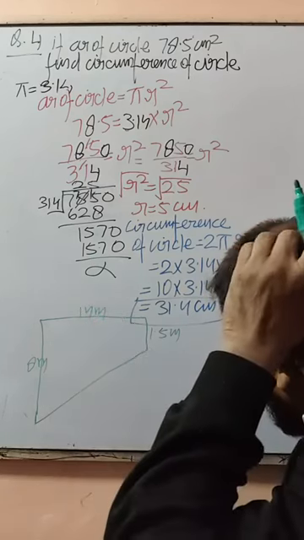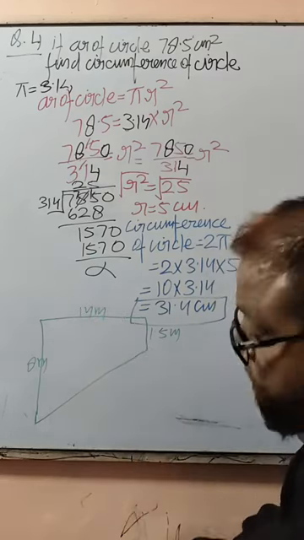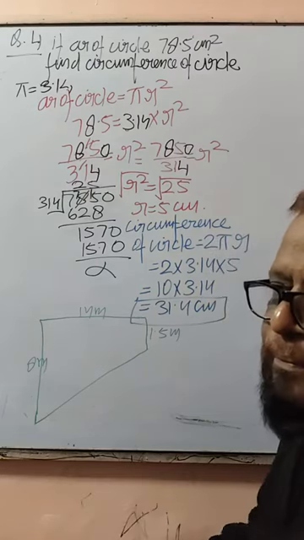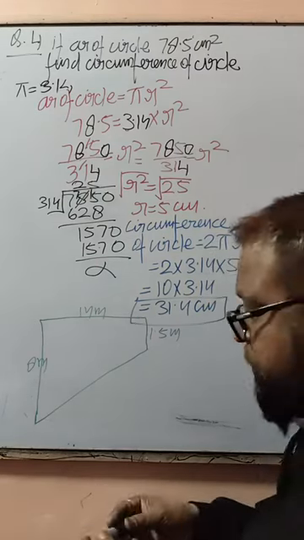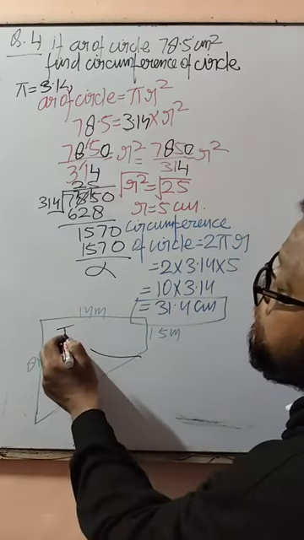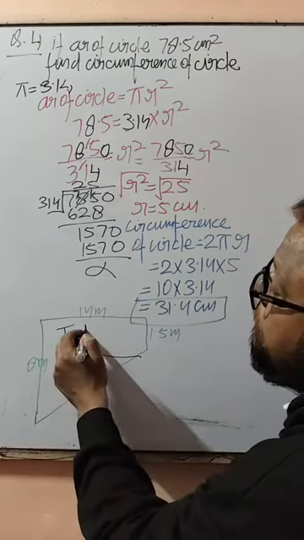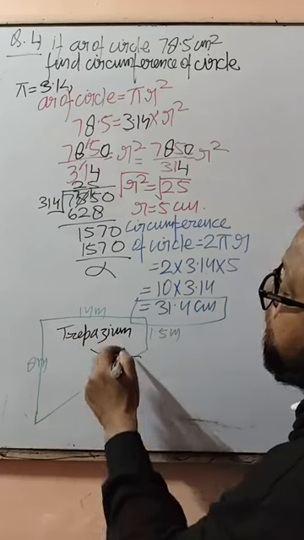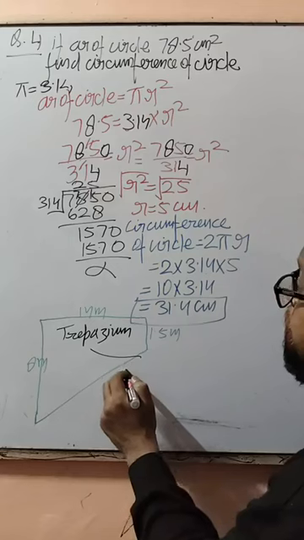So what do you have to find? Sir, depth at the shallow end is 1.5 meter and the depth at the deep end is 8 meter. Find the area of the cross section. Area of cross section, huh? So this is a trapezium, right? Yes, sir.